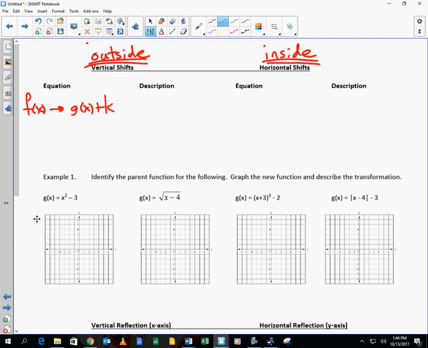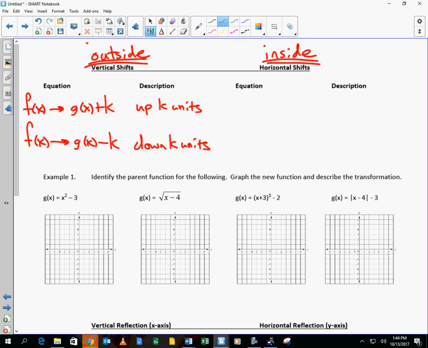Do you know what it will do to it? Up k units. Yeah? And if you have f(x) goes to f(x) minus k, what will that do to it? Down k units.